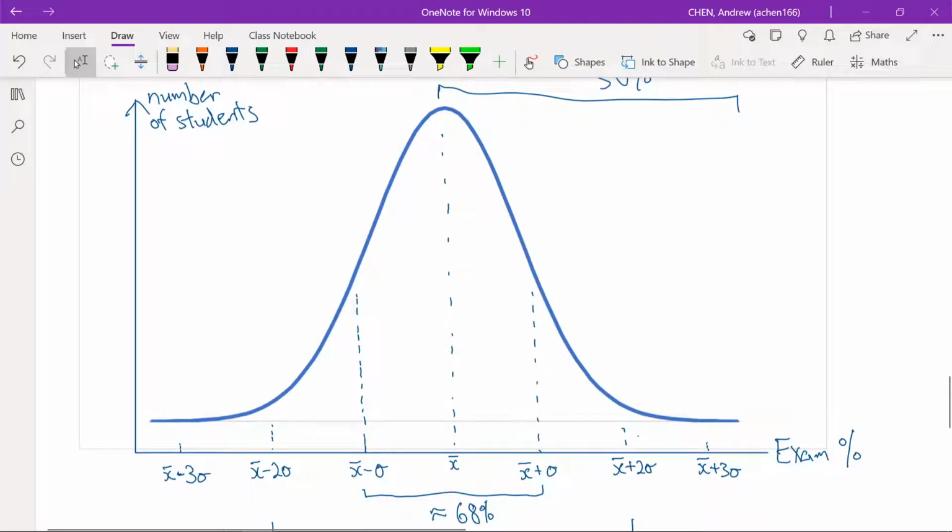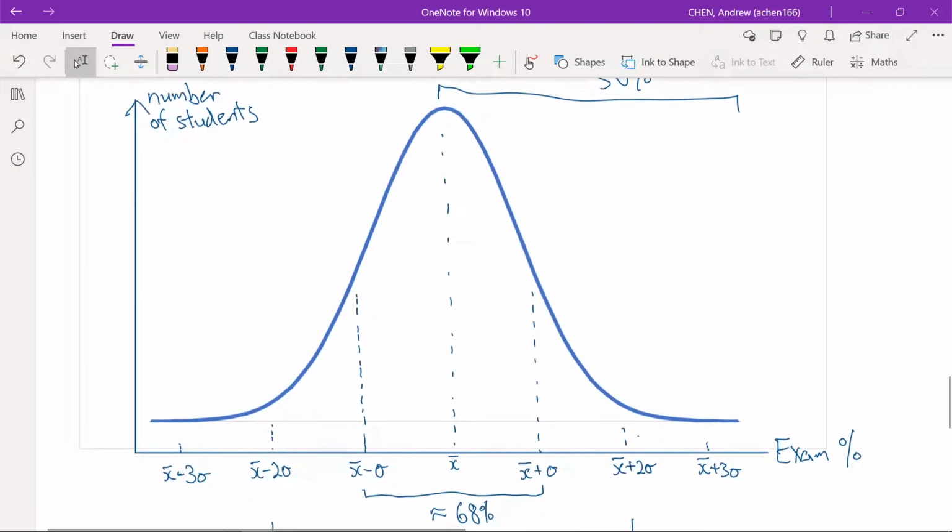Now, we can expect that a large number of those students would achieve a score very close to the mean. And as we go further and further away from the mean, in either direction, there's going to be fewer and fewer students achieving those scores. You can think of this as trying to model the heights of a large group of people.